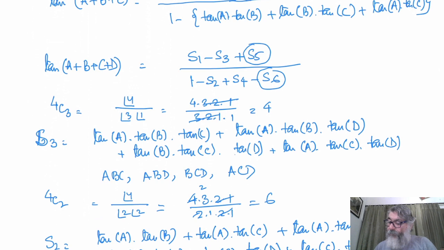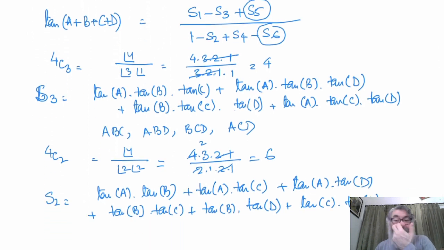Just see, 1, 2, 3, 4, 5, 6. In place of S2, we will be writing all this. And S4 means 4 out of 4, so only one combination will be possible, that is tan A, tan B, tan C, and tan D.